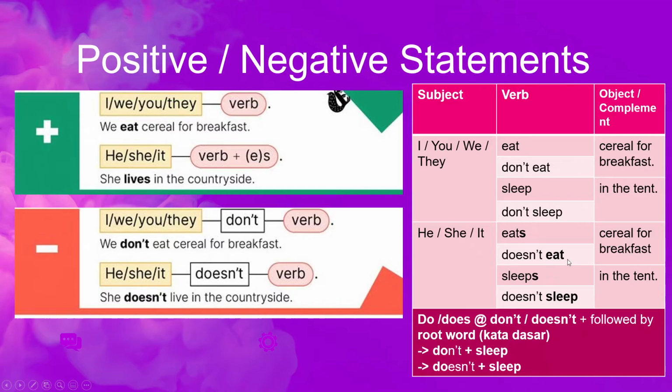Doesn't eat. Sleeps, doesn't sleep. Buang s di belakang. Dia tak sama dengan positive statement. Negative statement, kita hanya ubah the do word. Don't, doesn't, and then the verb followed after should be in root word, kata dasar ataupun base form.